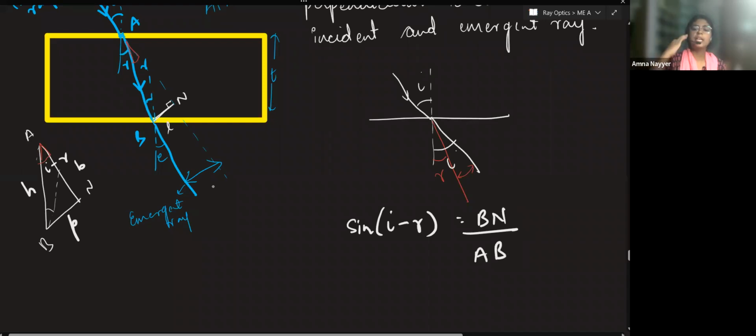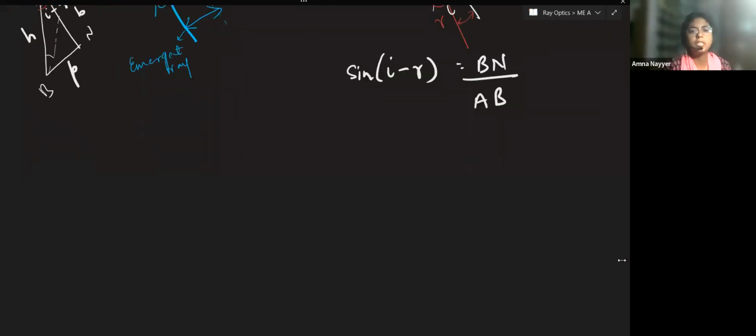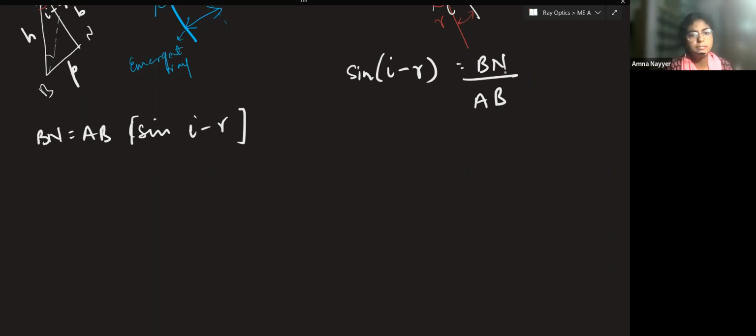Fine. So what will Bn be? Bn is equal to AB into sine of I minus R. If you take cos theta, just take cos R simply.